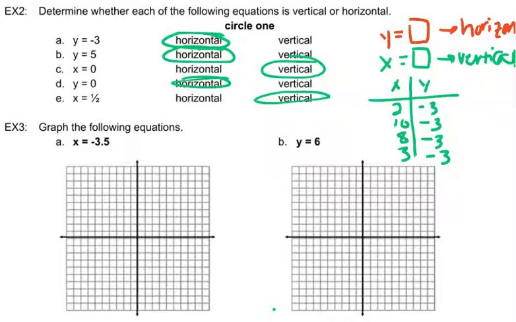That means I could go to (-3.5, 0), (-3.5, 4), (-3.5, 10), it doesn't matter. So I can automatically just draw a line down at negative 3.5. Sorry, that's a little off, but you get the point. And it's going to be a vertical line. Take a second, do the same thing for B, and I'll show the answer in just about 2 shakes.